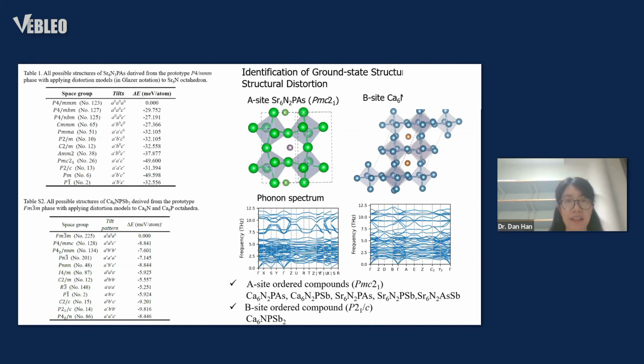We identify that for the A-site ordered compounds, PMC21 is the ground state structure, and for the B-site ordered compounds, this is the ground state structure. Both are thermodynamically stable and also dynamically stable.